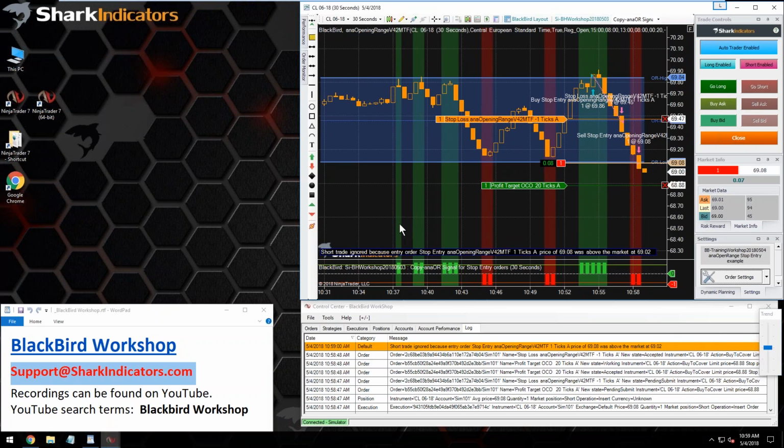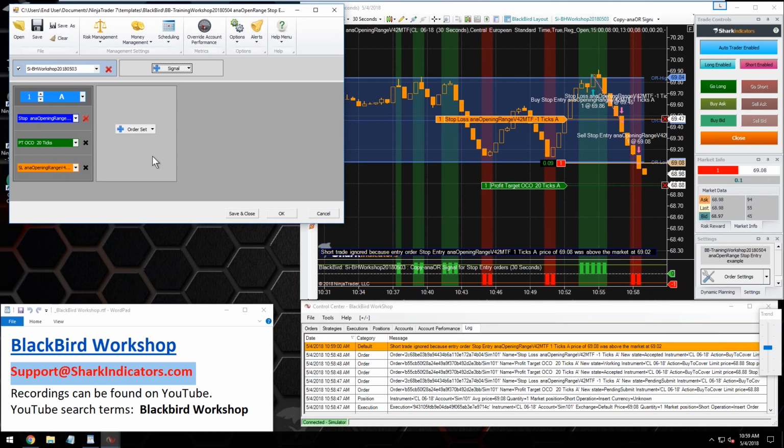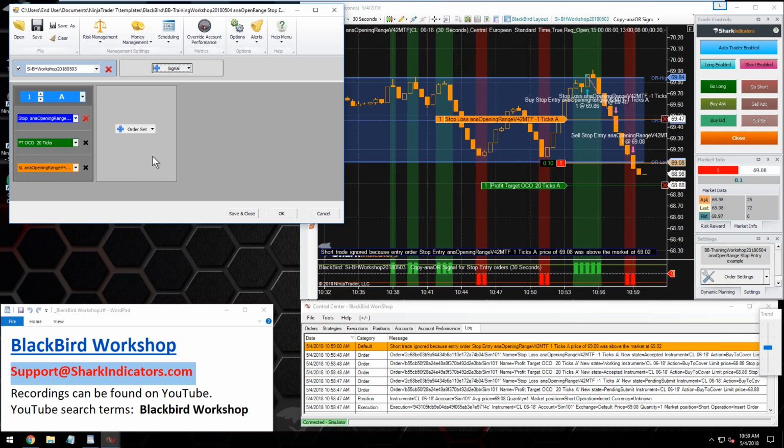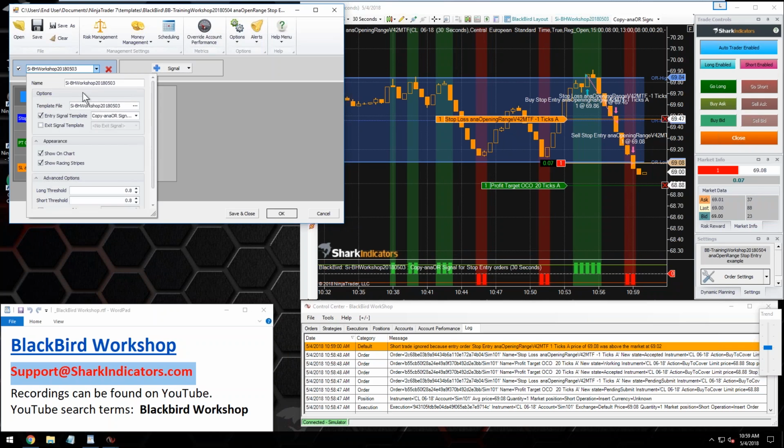Let's open this up and take a summary look at what this question was all about. So we have the BloodHound signal in here from yesterday's workshop. That's designed to generate a signal when price is sitting on one side of the range, so that a stop entry order can be placed before the breakout.